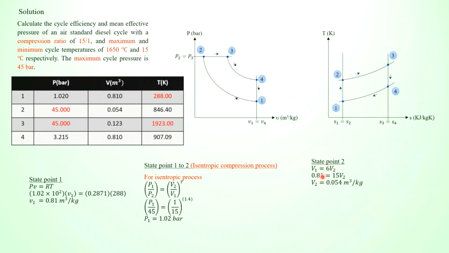So this is 15, not 6. You will be able to find out V2. And then after getting V2, we can find the temperature T2 by referring to the ideal gas law one more time. For state point 2, you can find the temperature of 846.4 Kelvin.